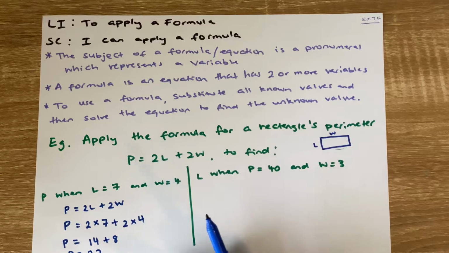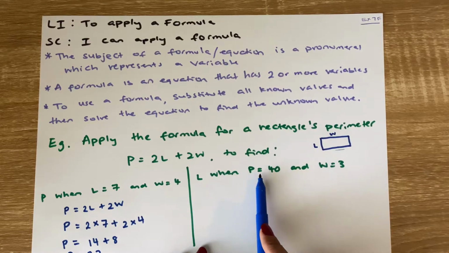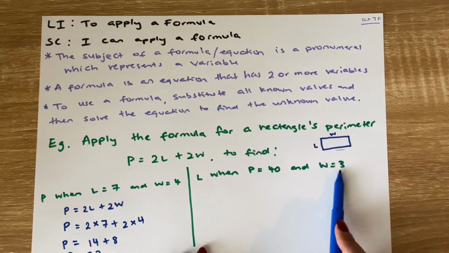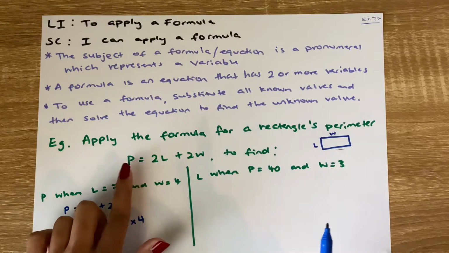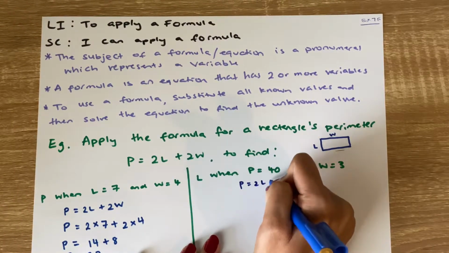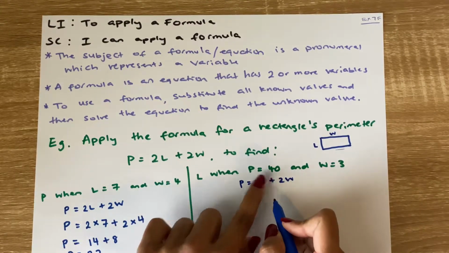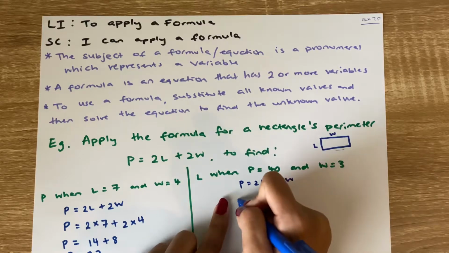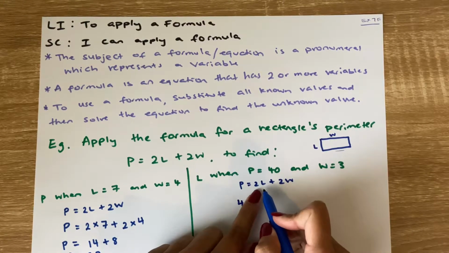All right, the next one. This time we're being asked to find L, but we've been given P and we've been given W. So I'm going to substitute what I know into my equation. Let's start off again by writing the equation. P equals 2L plus 2W. I've been told P equals 40, so I'm going to say 40 equals 2L.